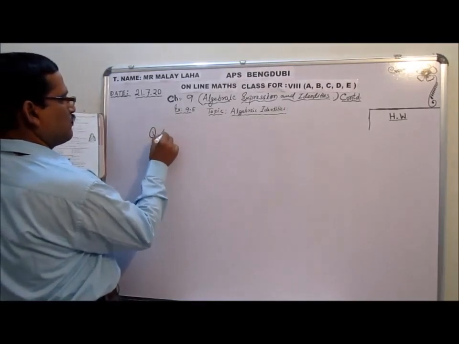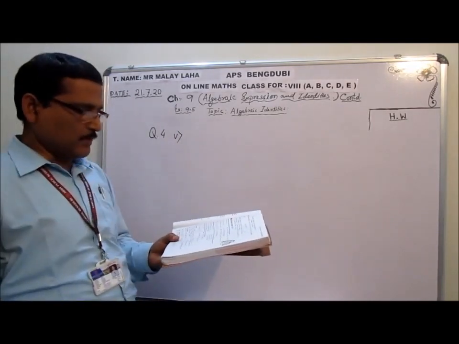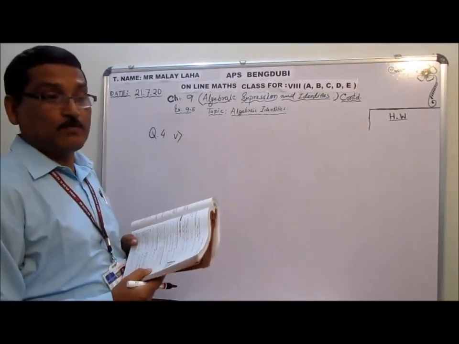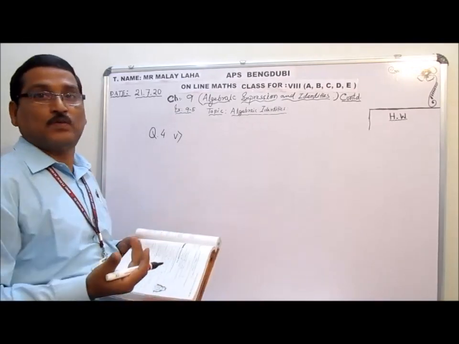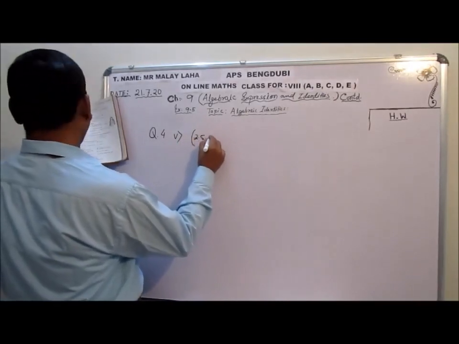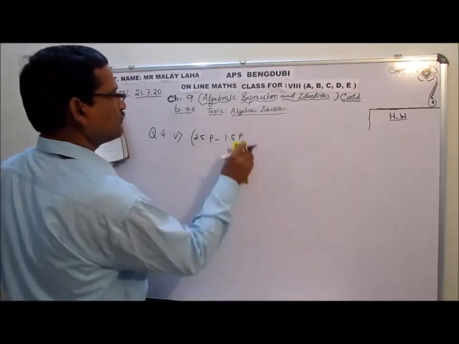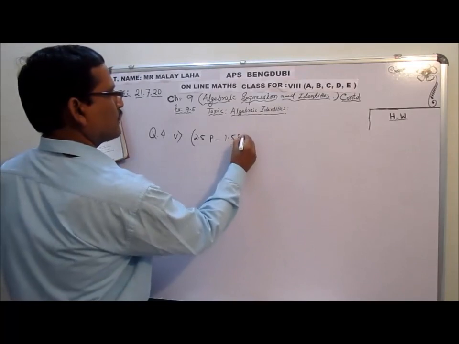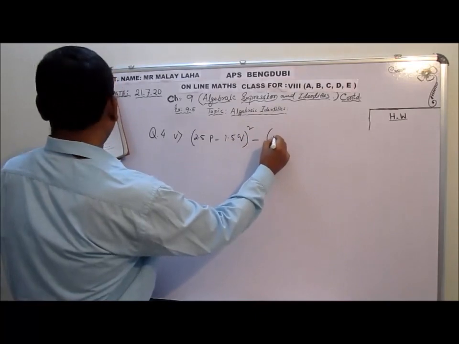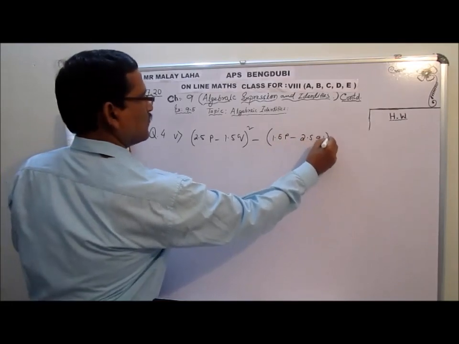Now, question number 4, part 5. Okay, same pattern. We have to see both parts. Which identity will follow? They have not mentioned this particular identity. You have to guess by looking at the pattern of the question. So now this is (2.5p minus 1.5q) whole square minus (1.5p minus 2.5q) whole square.